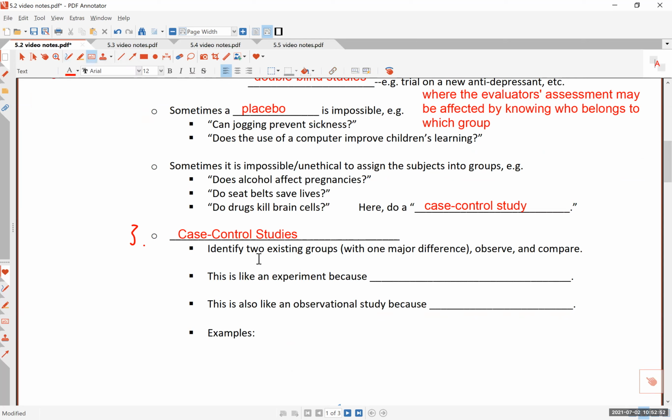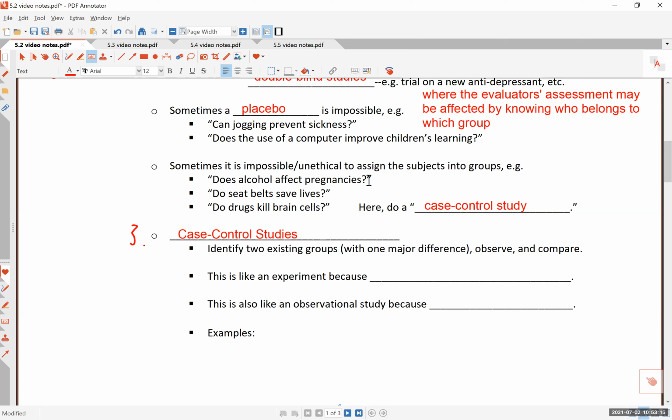First of all, right? It is a study in which you identify two existing groups. Okay, so instead of you, the researchers, assigning people into groups, they assign themselves into these groups. Okay, so let me give you an example here. Does alcohol affect pregnancies, right?